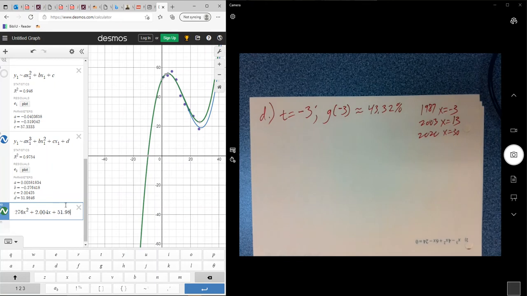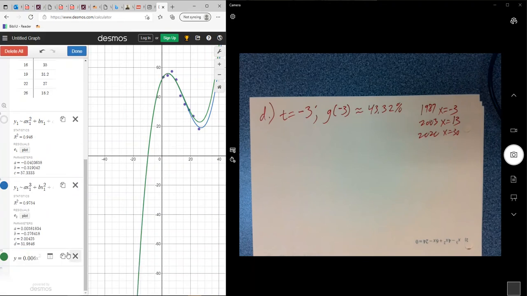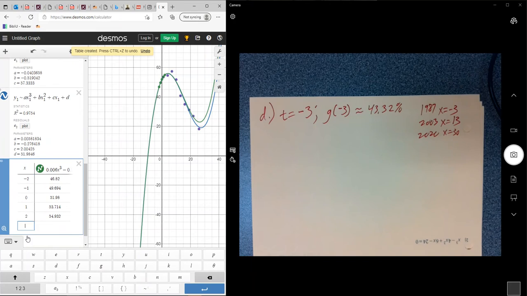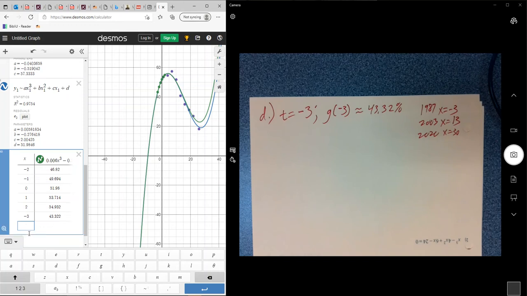Okay, now what we could do to make this a lot easier for us is hit this wheel here and hit the table. Now that we have this table in here, we could just type in the value. So if you type in -3, you see it has 43 point, we round to 2 decimal places. It'll be 43.32%. Okay, now the next number would be 13.